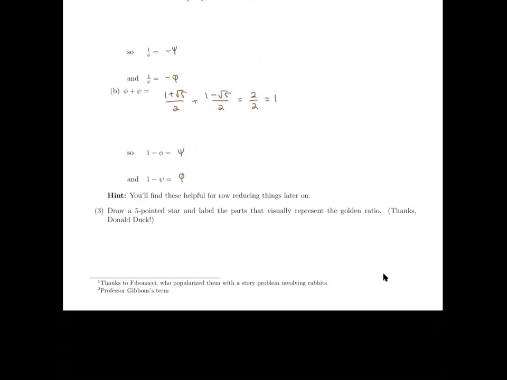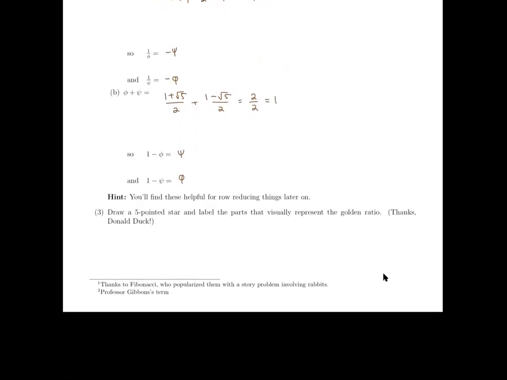Also, one of the things that I suggested you might want to do is go check out this Donald Duck in Mathmagic Land video. He discovers along with you that the ratio of the whole length of one of these legs on the star to the tip to one of the intersections with another leg is the golden ratio.